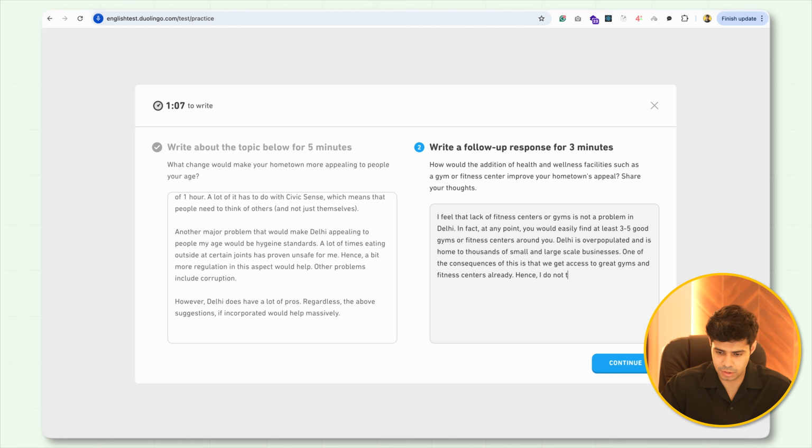Hence, I do not think that additional health and wellness centers would add to Delhi's appeal.